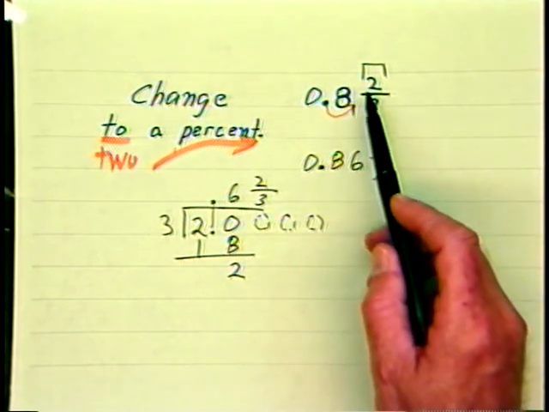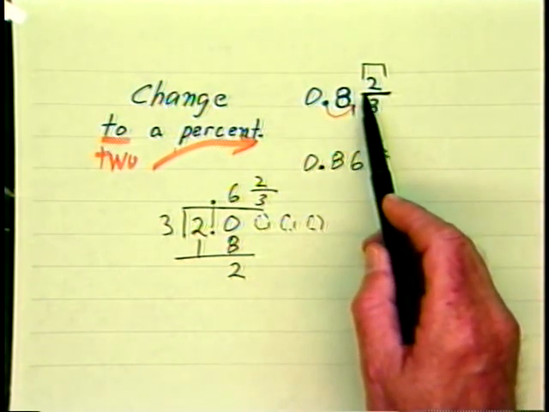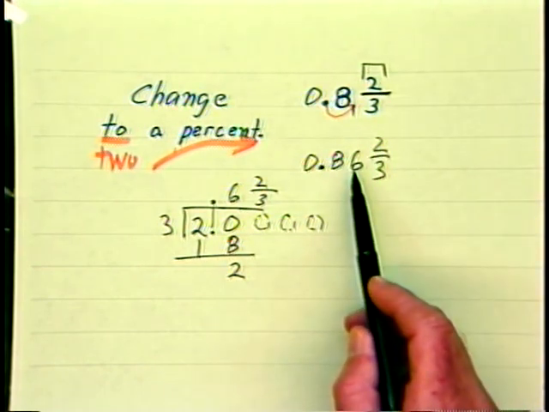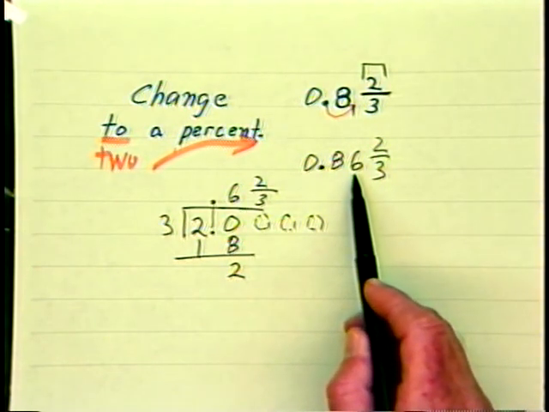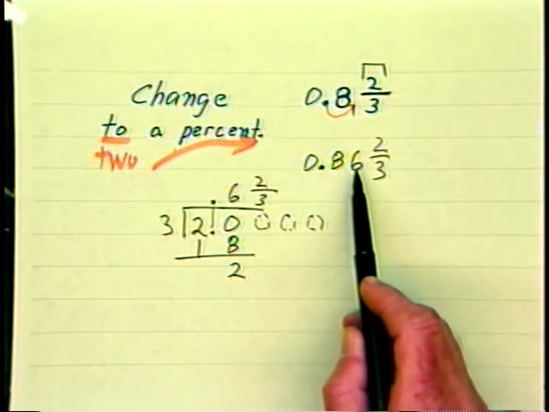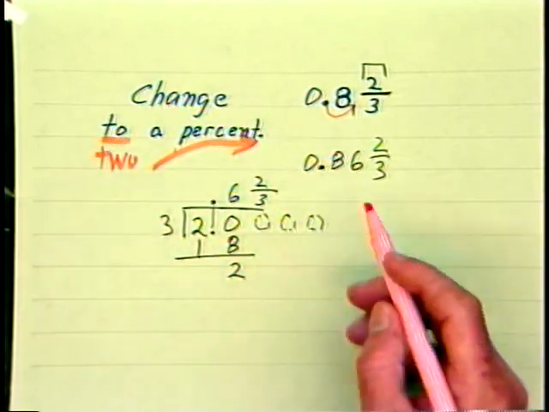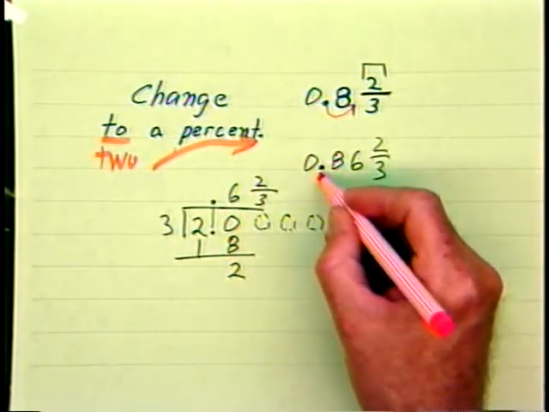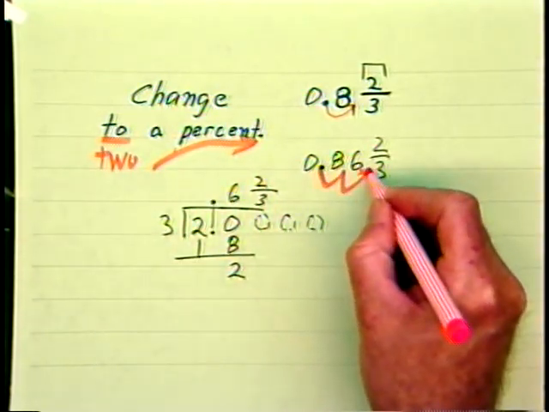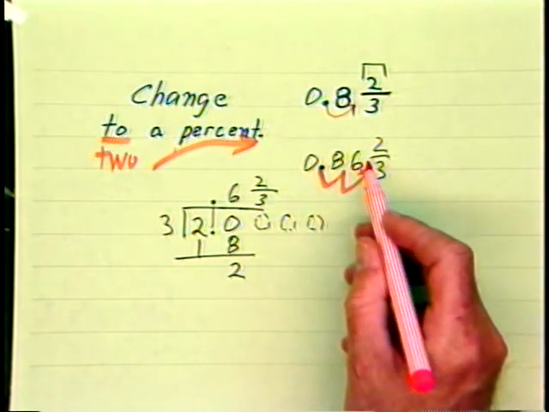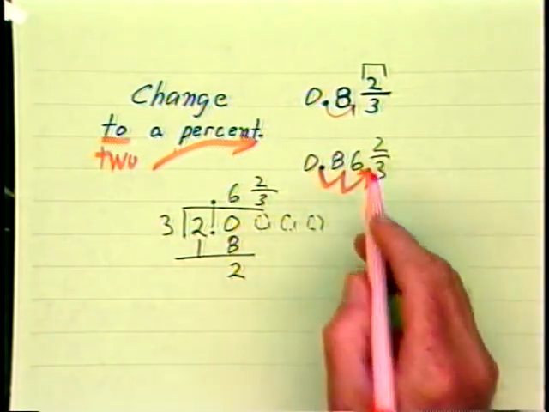But the point is, by doing this division, I was able to get one more digit in my hundredths place, and the reason I wanted to do that is if to change to a percent, I've got to move 2 places towards a percent always. And now I have 2 places over which to move it.